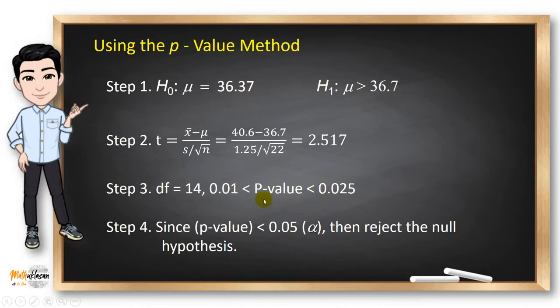Given the range, the p-value is less than 0.05, our level of significance. Therefore, we need to reject the null hypothesis. And rejecting the null means we need to support the claim of the physician that the population mean is greater than 36.7.